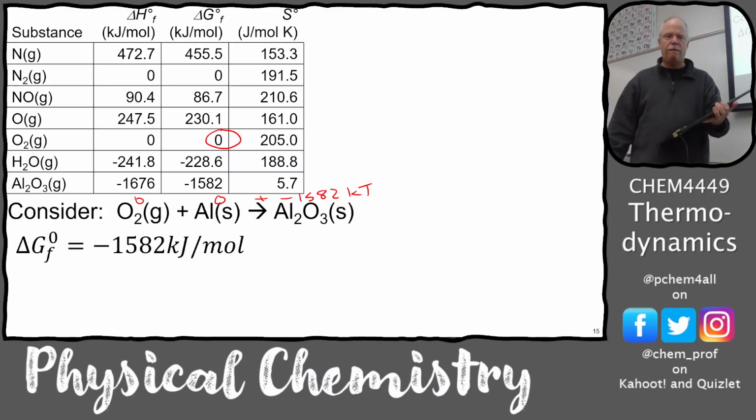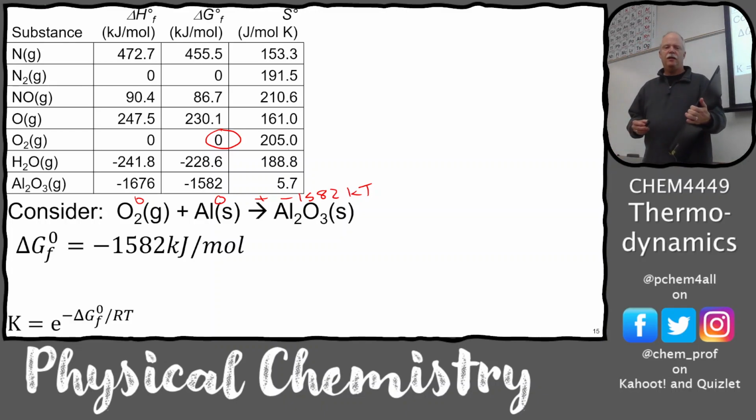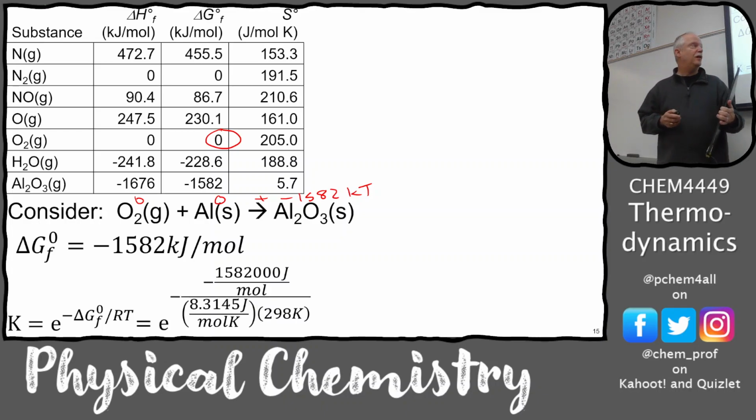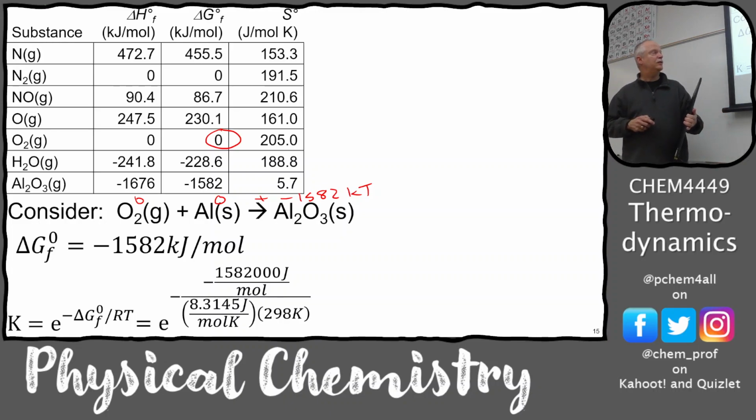Now, we developed earlier that the equilibrium constant is e to the minus delta G over RT. That's familiar, right? Okay, and so these are the numbers. Getting into joules, because that's what our gas constant is in, this is 1,582,000 joules per mole.